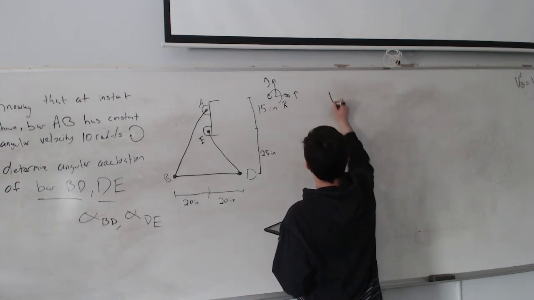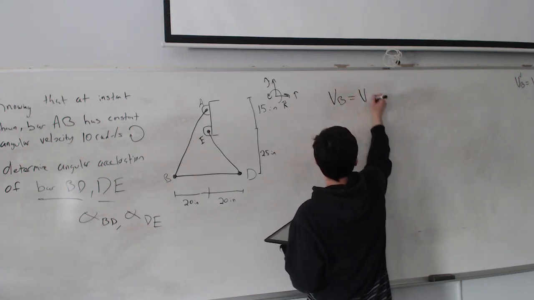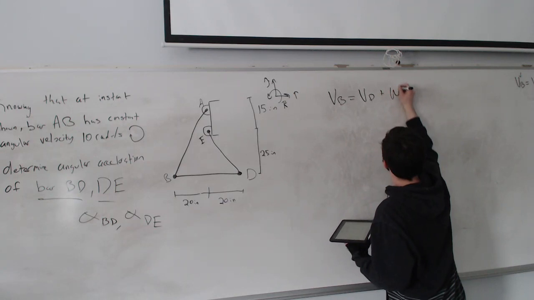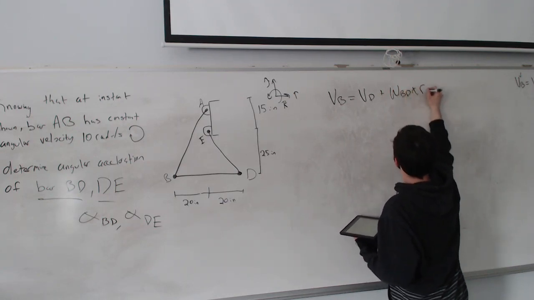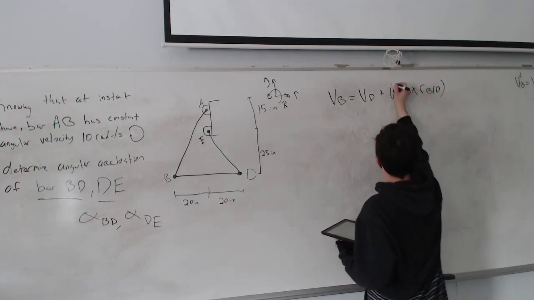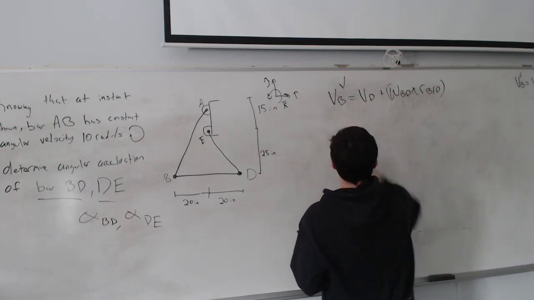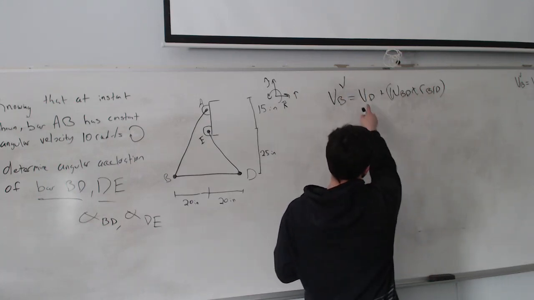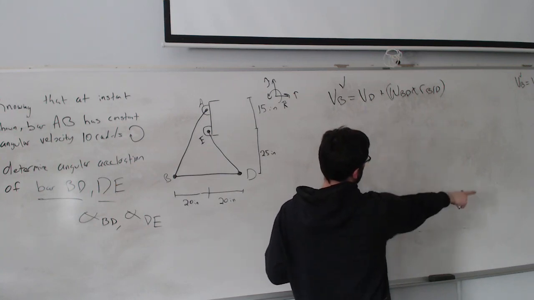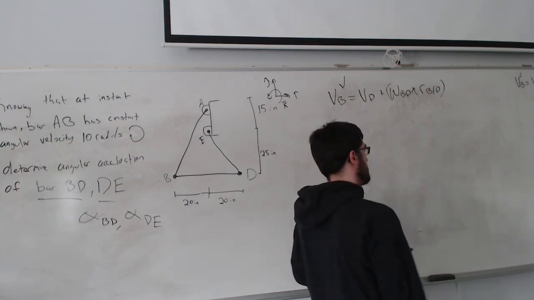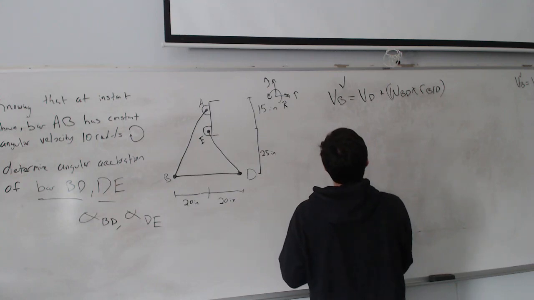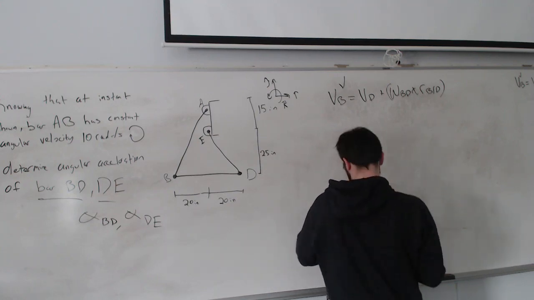That equation again, velocity of B equals velocity of D plus... I have this. I just solved for the velocity of D in terms of angular velocity, so I still really don't have it, but I'll show you what I'm going to do with it.